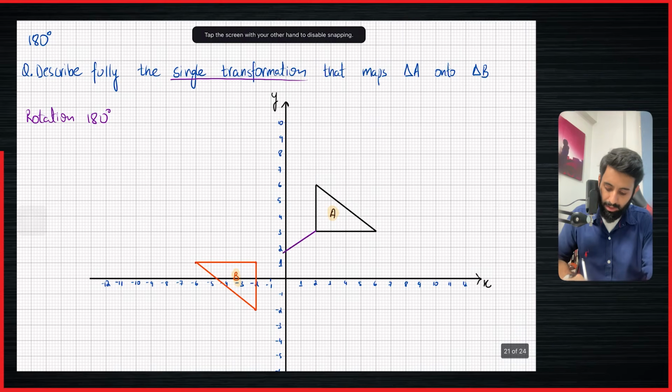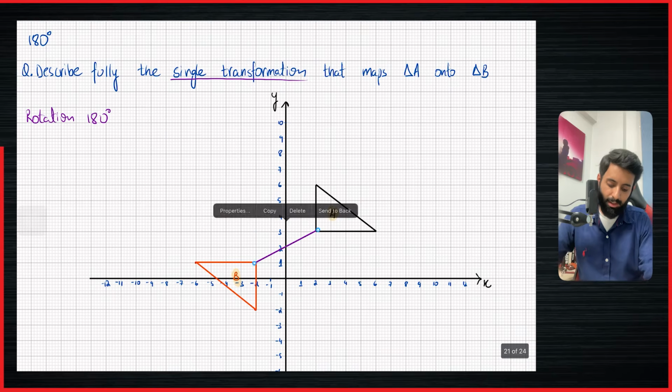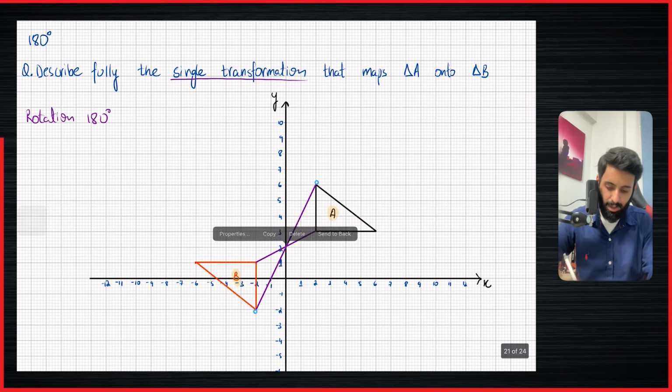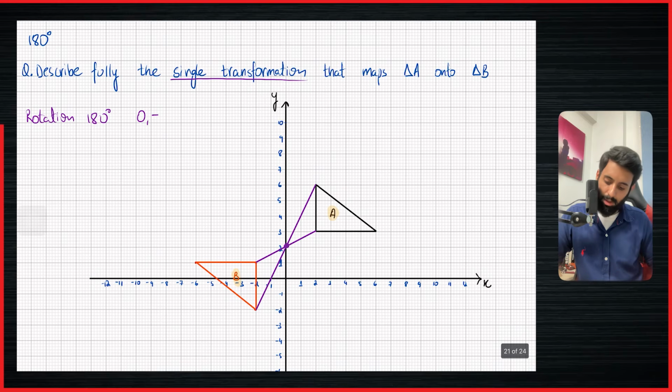As far as finding the center of rotation of 180 degrees goes, that is the easiest thing there is. You just join the object and the image, and you will have yourself a point of intersection, which will be your center of rotation, which in this case is (0, 2). Is it? Yeah, (0, 2). So what did I just do? I joined A and A prime, which basically means an object and the image.